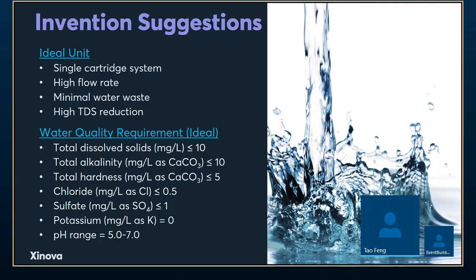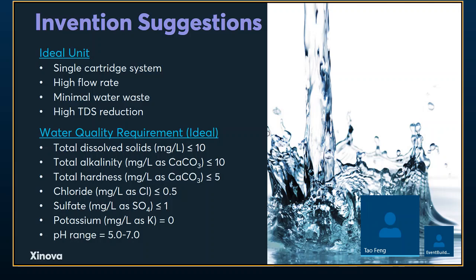These are the three important specs and top three priorities for this RFI: the flow rate, waste stream, and TDS reduction. If your invention is very good in any of these three specs, we probably can compensate for some other performances of the purification technologies.